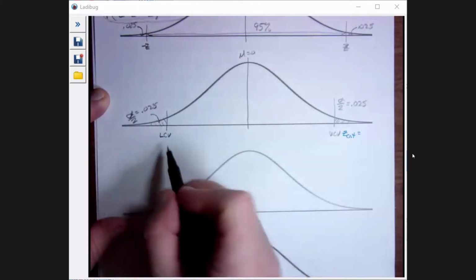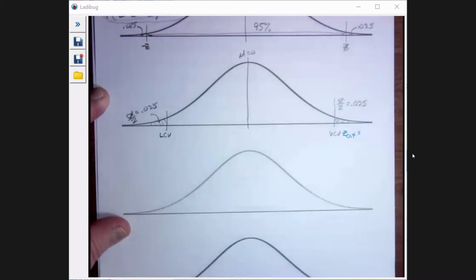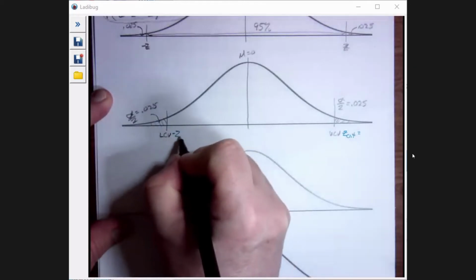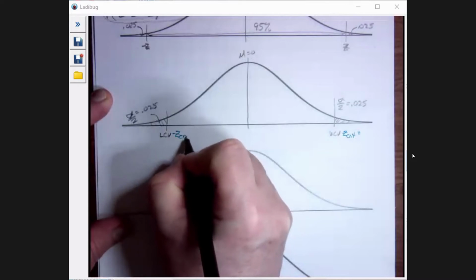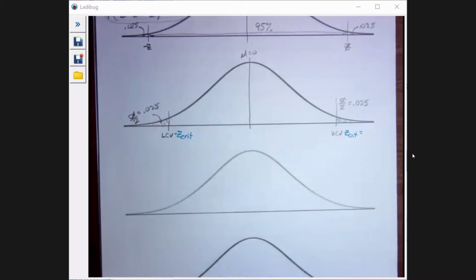What do I know about this critical value compared to this one? It's just the negative of it. That's right, because of symmetry, this is just going to be minus whatever that is. So does it matter which one we find? No, you can find either one because the other is just the negative of it. Let's find the upper critical value.